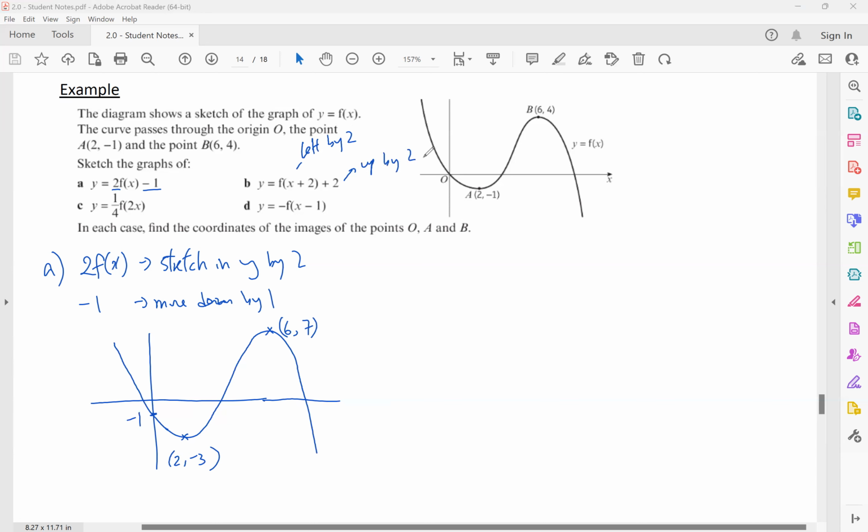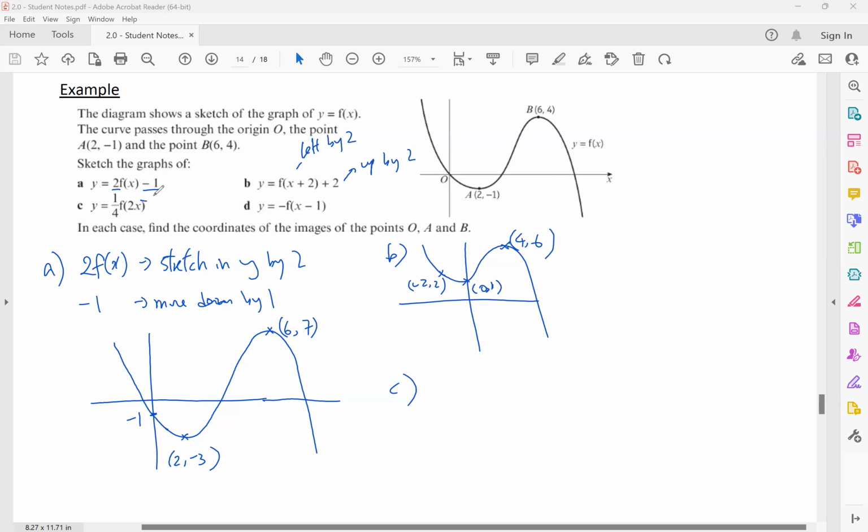So the final answer will be, this is (-2, 2). That point is (0, 1). That point is (4, 6). Yep. Okay, that's it.